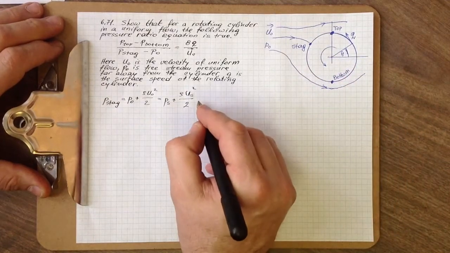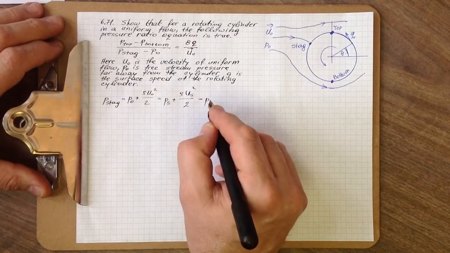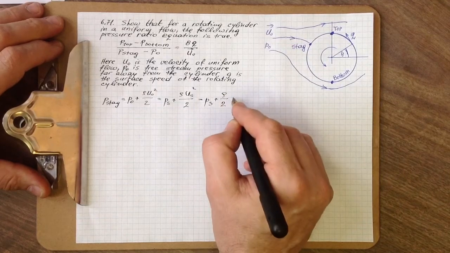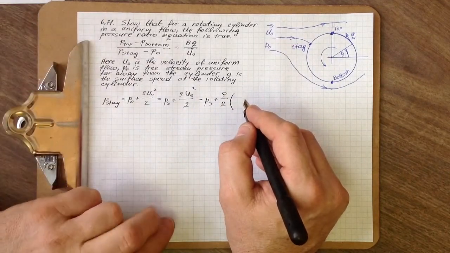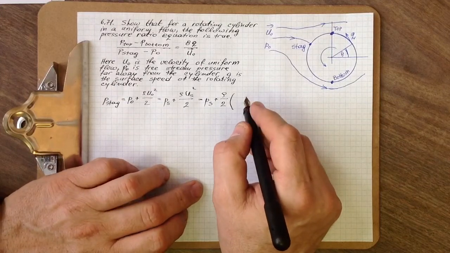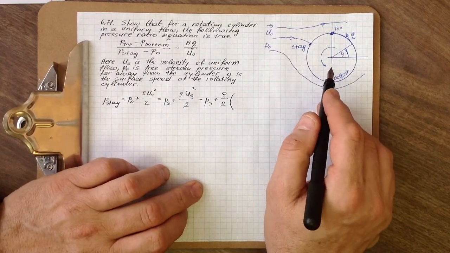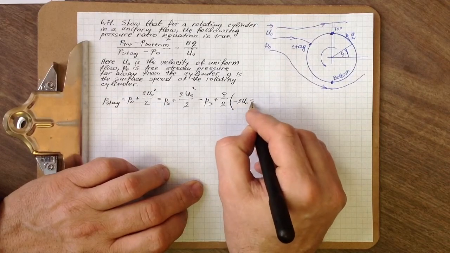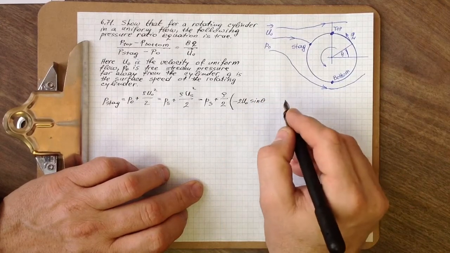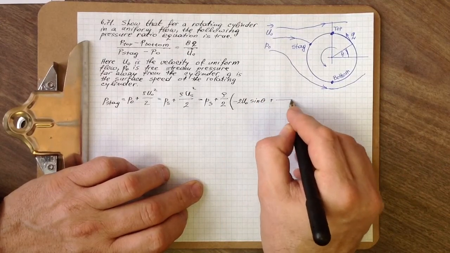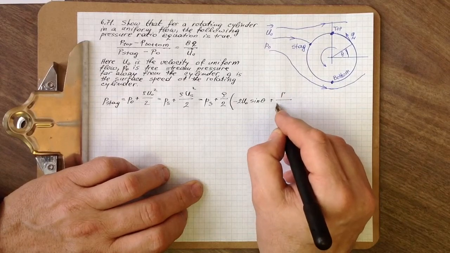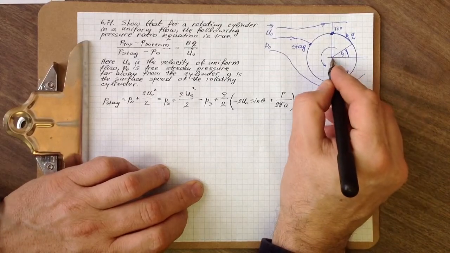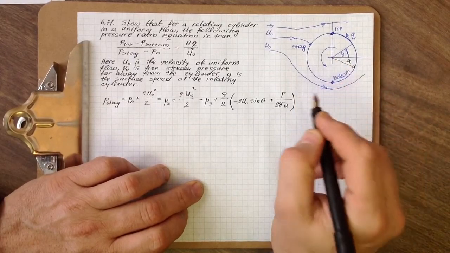So we can express that as PS plus rho half of, and the velocity is given as the sum of velocity due to flow around the stagnating cylinder, which is minus 2 U naught sine theta, plus velocity due to rotation, which is G over 2 pi A, where A is the cylinder diameter, squared.